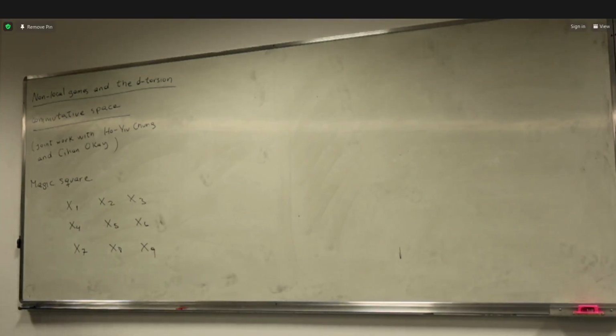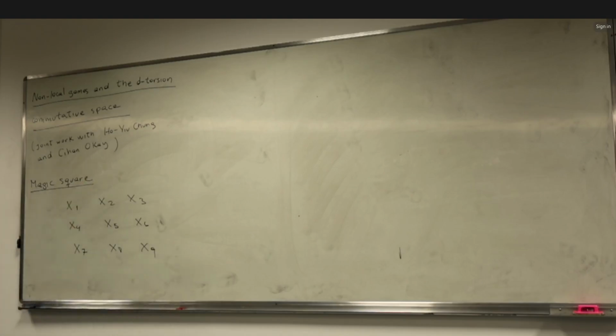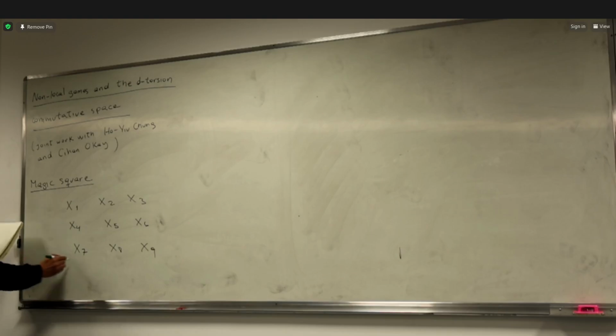Let's suppose we have this game, I will explain it later. But let's suppose we have a system of linear equations that should satisfy this condition.